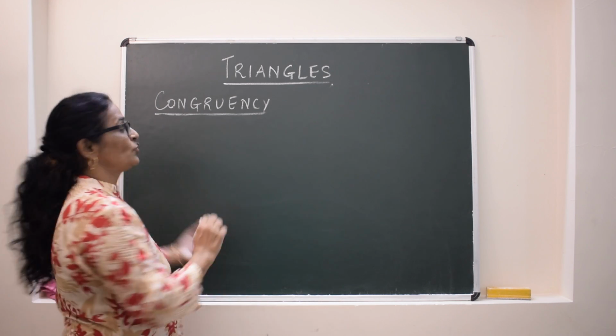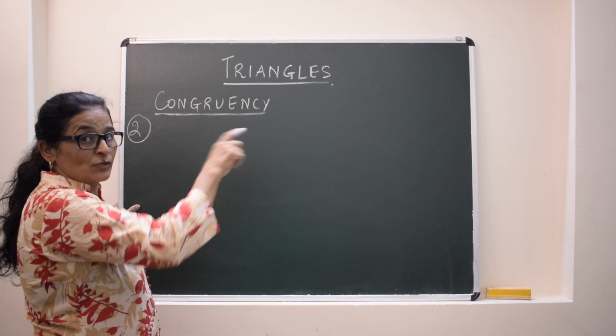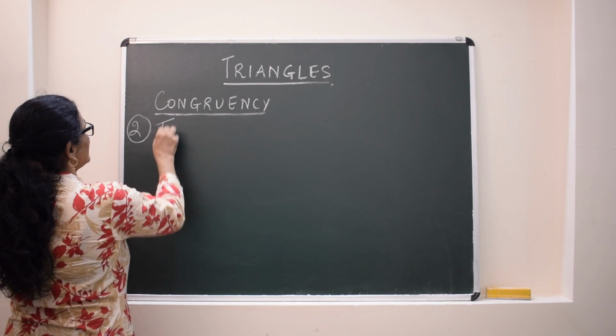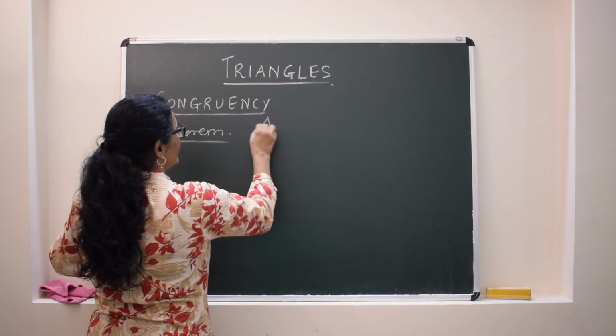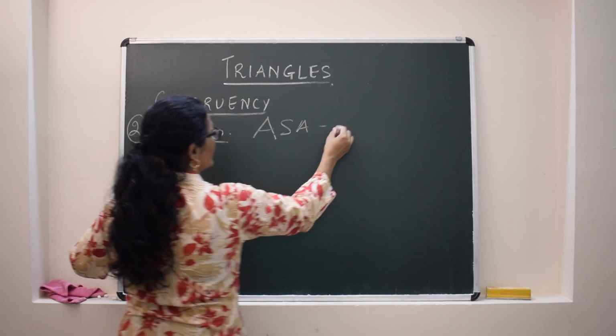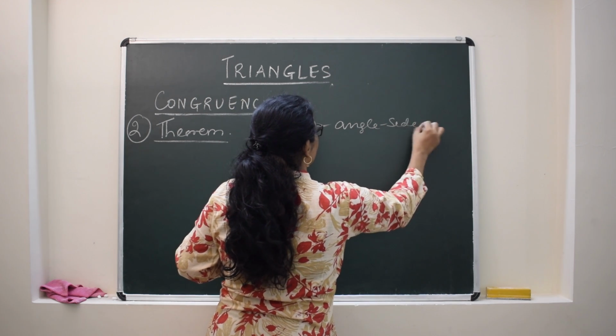So if we take two triangles, this is the second part, which is actually a theorem. First was an axiom. So in this theorem, the name is ASA, or you can say angle, side, angle.